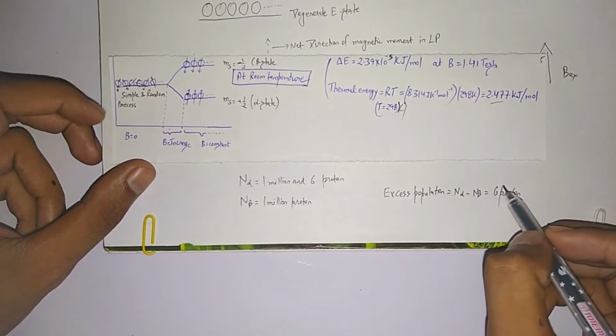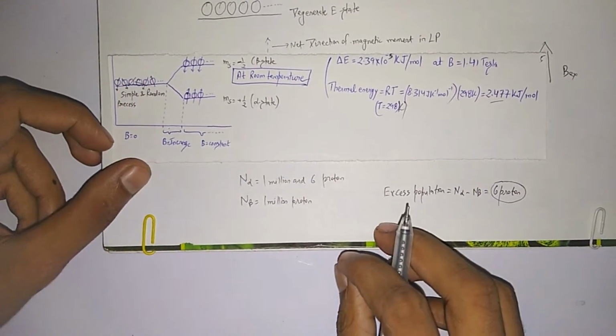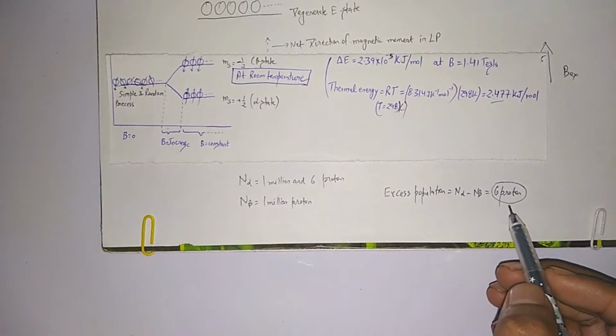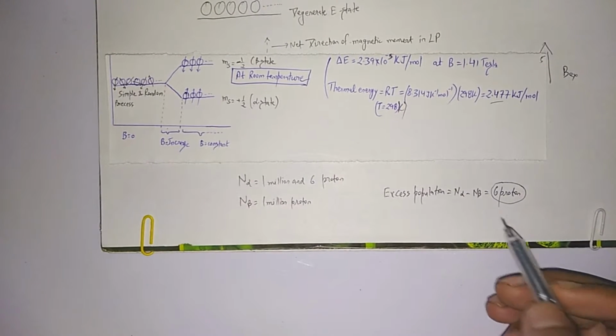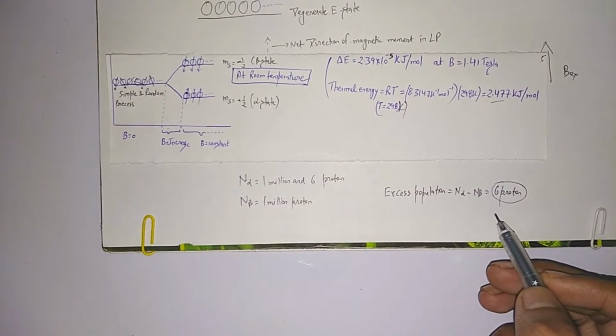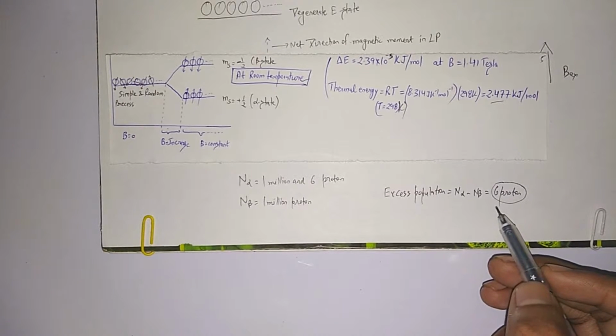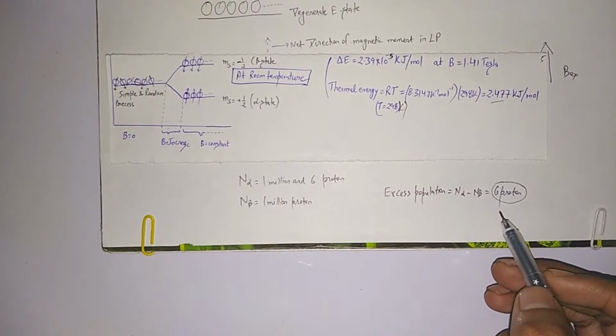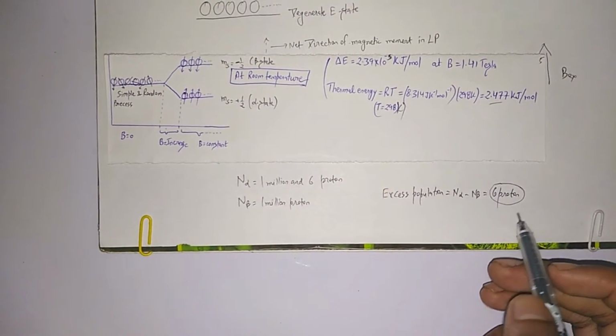These protons are called the excess population, and this excess population is responsible for the nuclear magnetic resonance phenomenon, which is finally responsible for making the NMR spectrum.